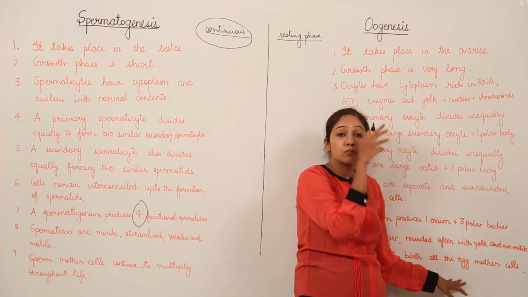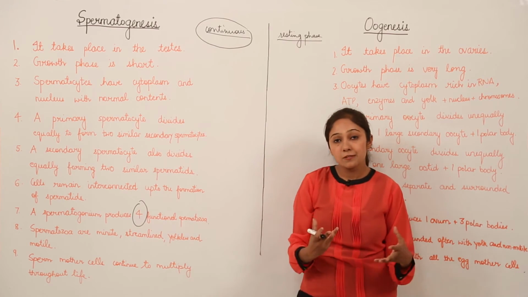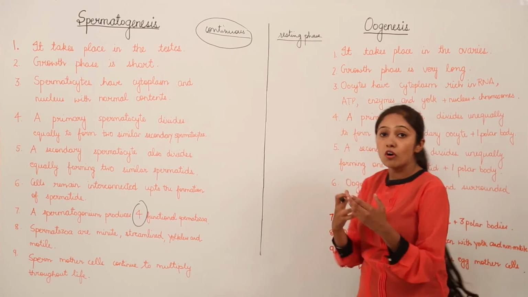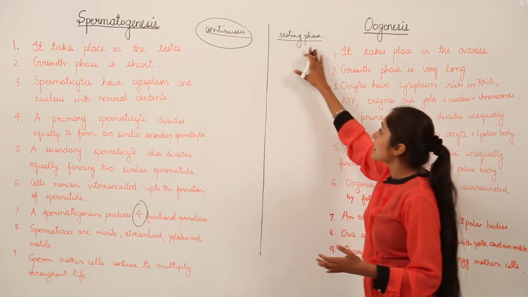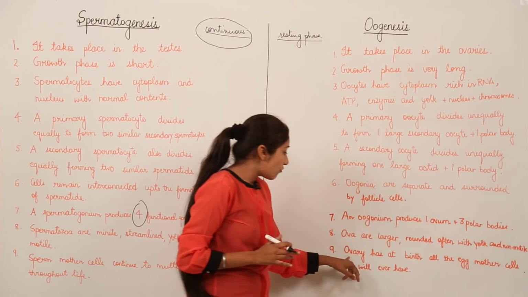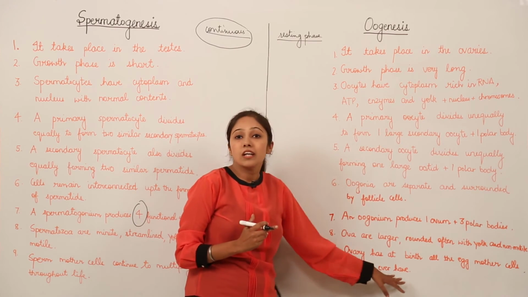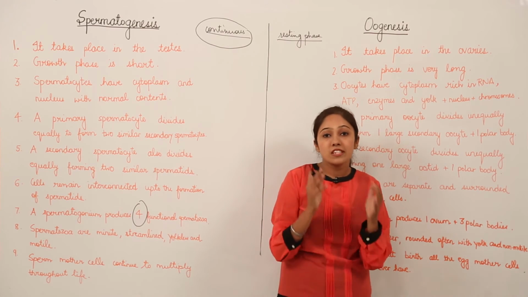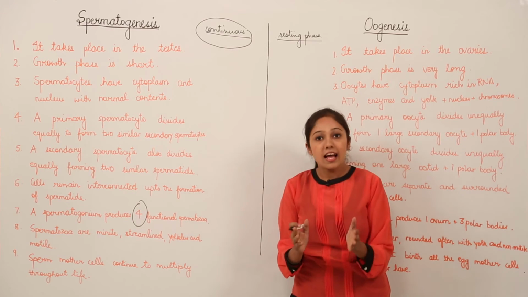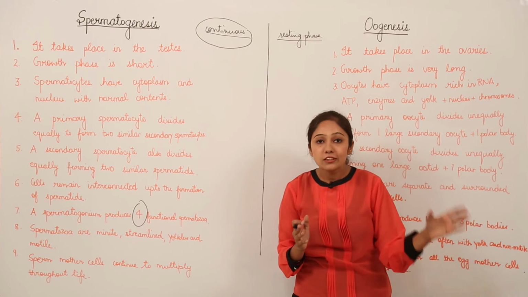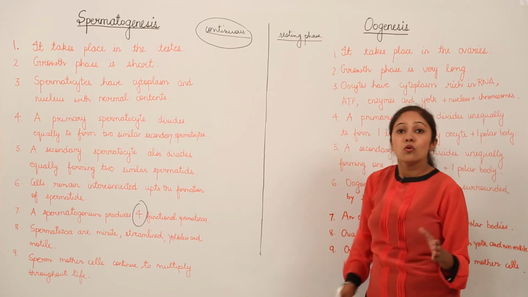Only those egg cells that were already present at birth are going to divide to form the mature ova or egg. Since it has a longer resting phase, the number of cells that will form ova or egg is already limited and fixed from the time of birth only in case of oogenesis.